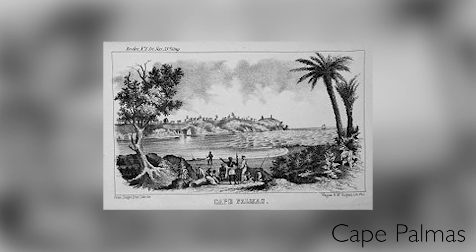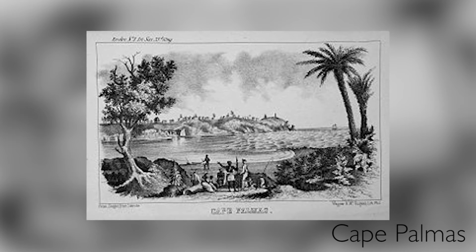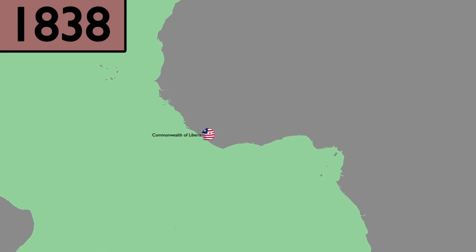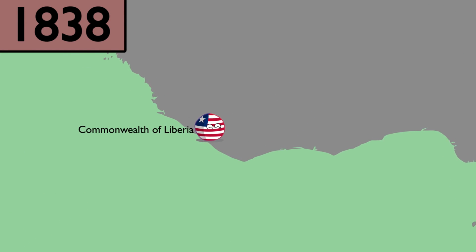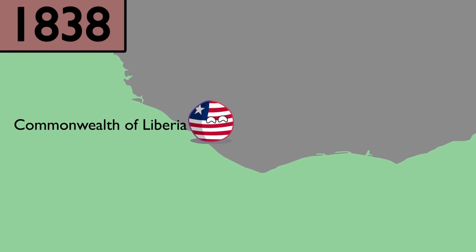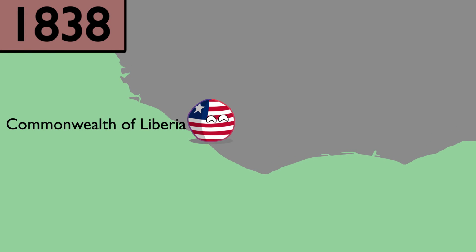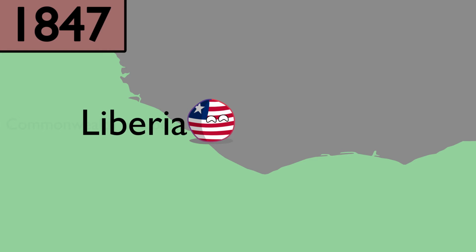The key moment where Maryland really splits from the other American-backed colonies and becomes a distinct entity is in 1838, where the other settlements reorganised to form one separate entity, the Commonwealth of Liberia, which would eventually go on to declare its independence in 1847. The Maryland State Colonization Society chose not to join Liberia because it wished to maintain its trade monopoly in the area.